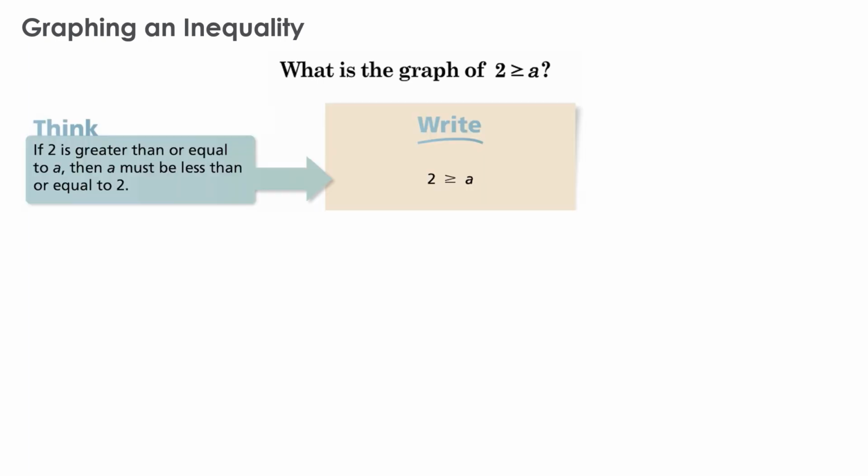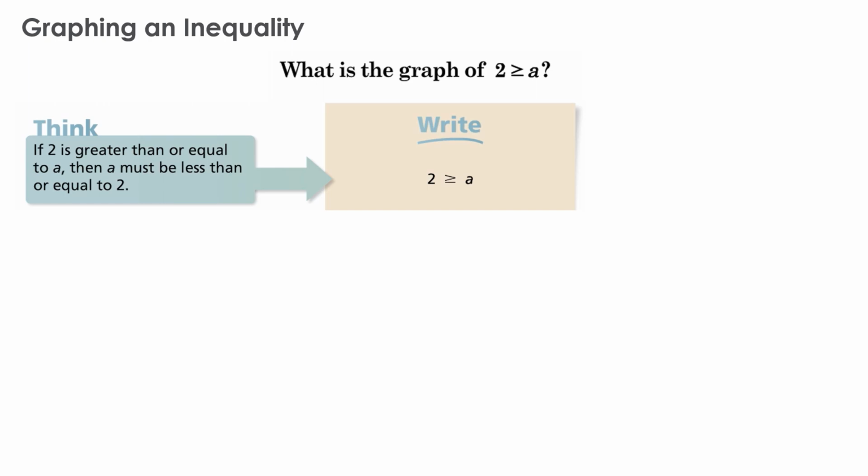Okay, so the next thing we're going to do is graph an inequality. This whole time we've understood what each one of these symbols mean, but what if you are asked to graph something like this? 2 is greater than or equal to a. This is a little different because you're probably thinking to yourself, isn't it supposed to be the variable first?